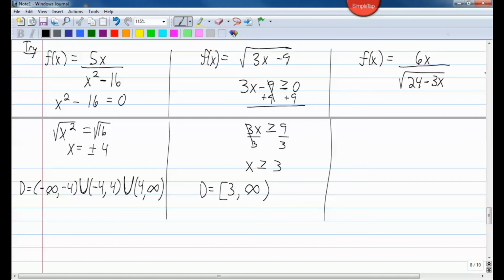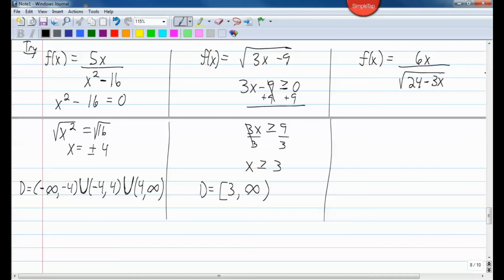Alright, this last one here, I do have a denominator, and it so happens that the denominator has a radical. I do not want this to be equal to 0. I want what's under the radical to be just greater than 0.